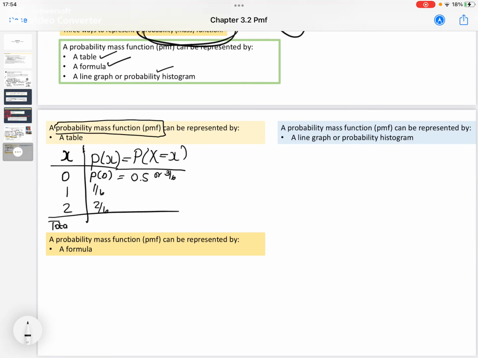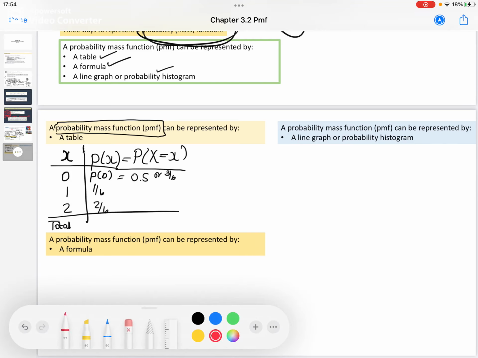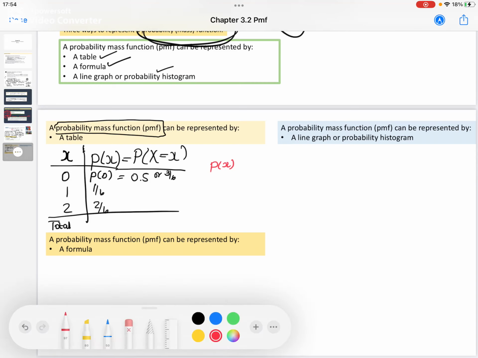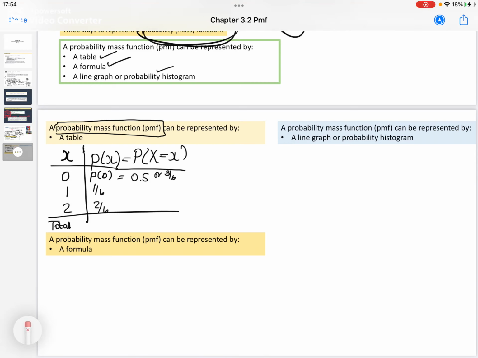Now we need to check, are the probabilities all greater than or equal to 0? That's the condition of a valid PMF: all the probabilities p(x) must be greater than or equal to 0. And if we add them all up, they must add up to 1.